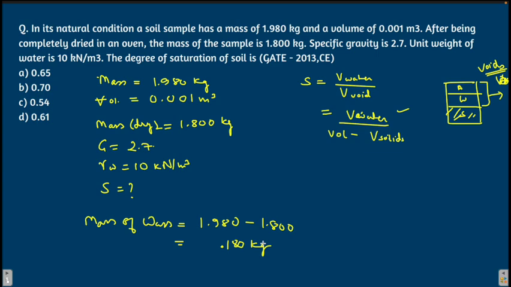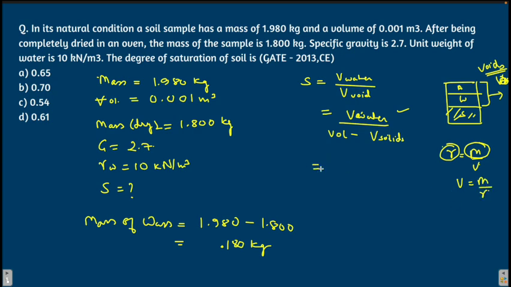Now, but we have to find the volume of water. So we will use the very basic relationship of density. Density is what? Mass by volume. Or if we want to find the volume, we know the mass, we know the density of water, we can easily find out the volume. So volume is nothing but mass by density, right?